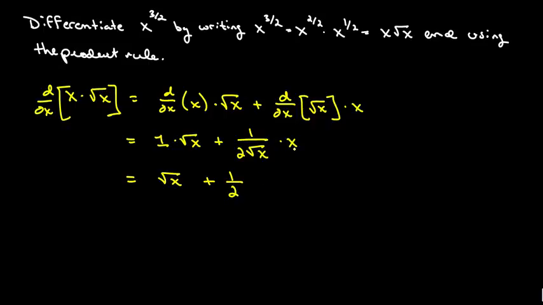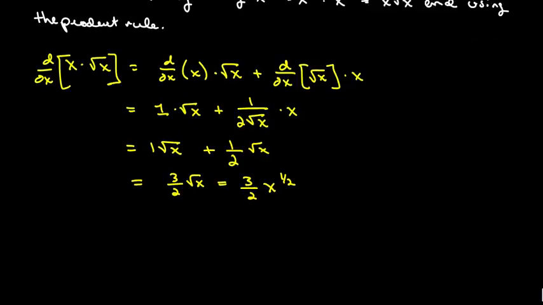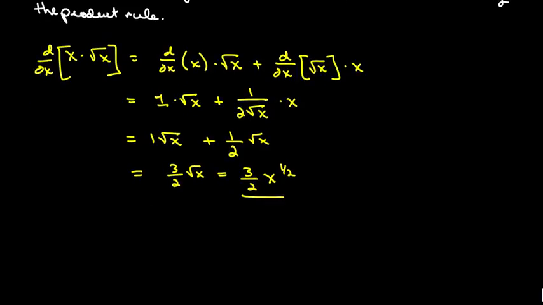Now x is going to be equal to the square root of x times the square root of x. So this will just give me a square root of x in the numerator. And so if I combine these, I have 1 plus a half, which gives me 3 halves square root of x, which is the same as 3 halves x to the 1 half. That shows us that if we have x to the 3 halves, our power rule works.